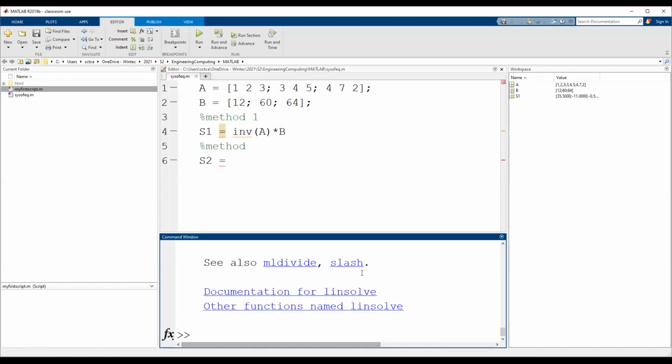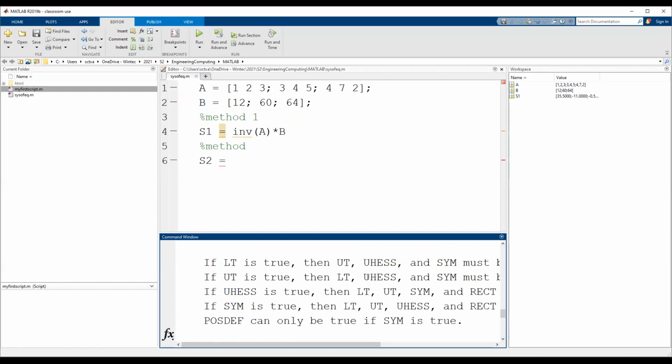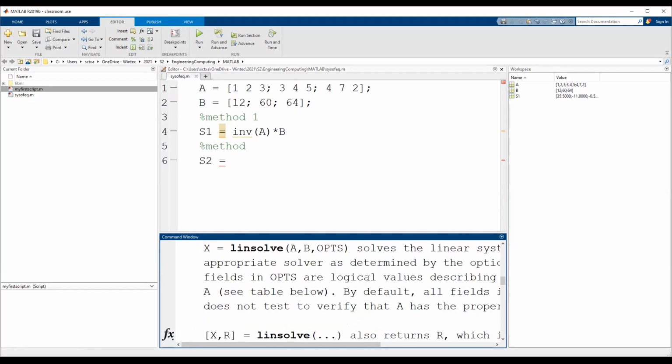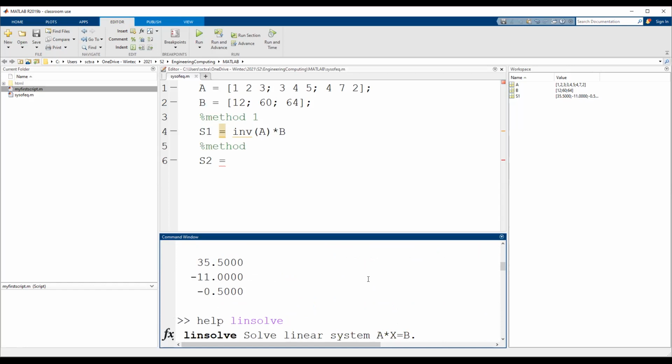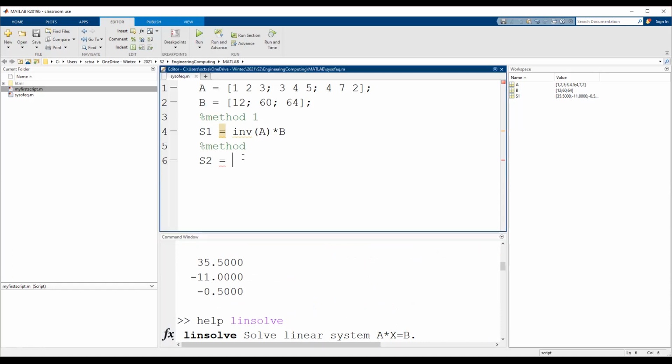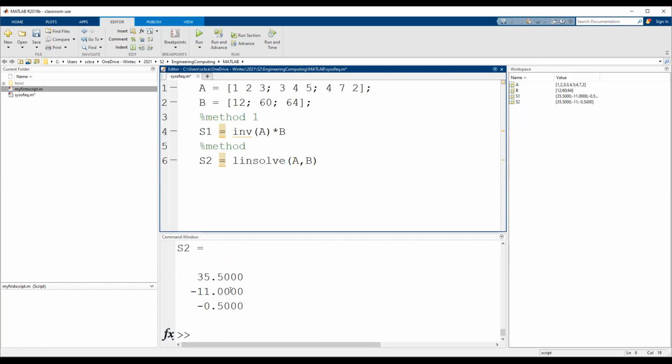You can see this one helps us to solve the set of linear equations. Now, first my coefficient matrix A, second my output matrix. When I enter it like this, if I run this one, see, I can see the same set of answers.